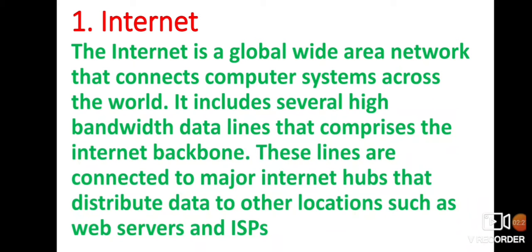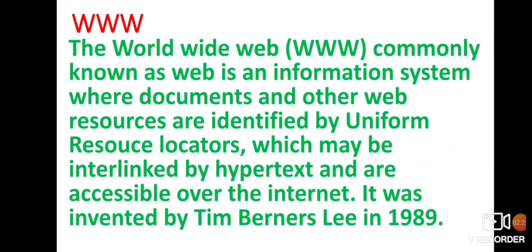Now look at what is www. www full form is World Wide Web. The World Wide Web, www, commonly known as web, is an information system. It is an information system where documents and web resources are identified by uniform resource locators.